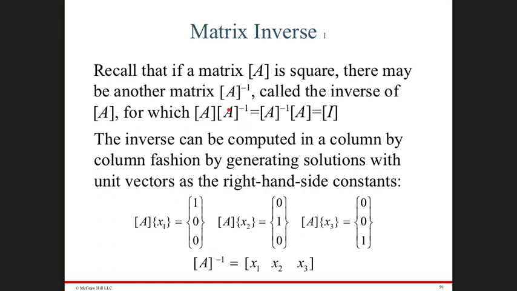If you think of that matrix as composed of three vectors, the first, second and third columns, then you can formulate this equation, A times A minus 1 equals I, as three different equations. Each one of them has a vector of unknowns, which is one column of the inverse, right?